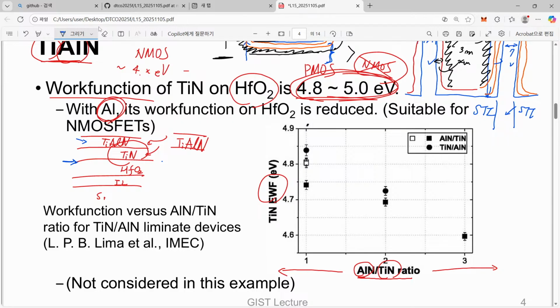This interface is important. So in order to control the threshold voltage, once we introduce this titanium aluminum nitride, we must apply a certain treatment to make the aluminum penetrate into this titanium nitride layer and eventually arrive at this interface.